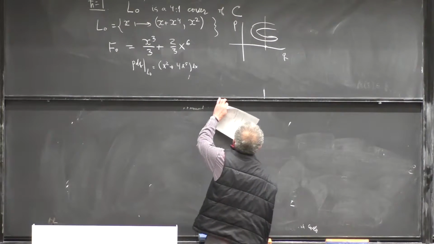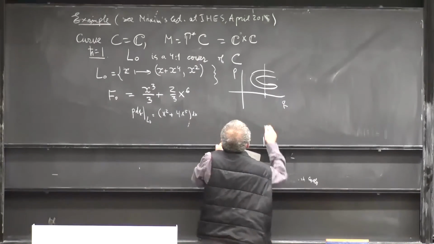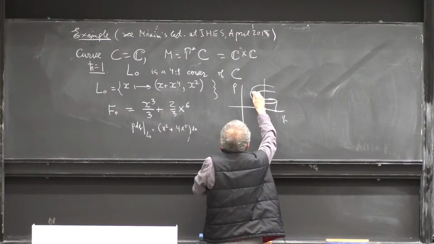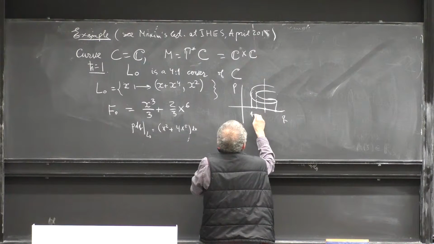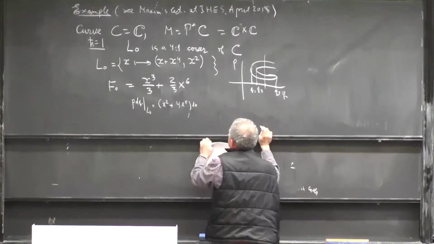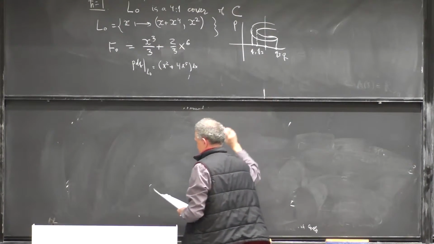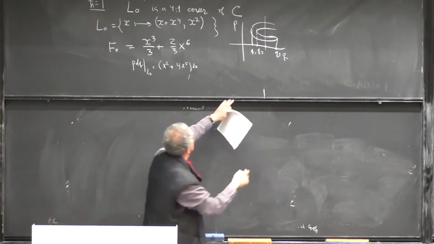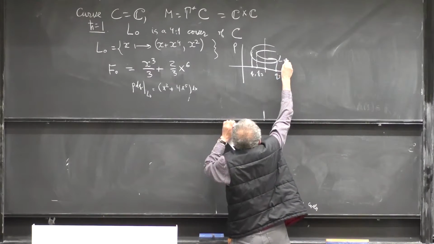So there are 3 critical values Q1, Q2, and Q3 for the projection of L0.